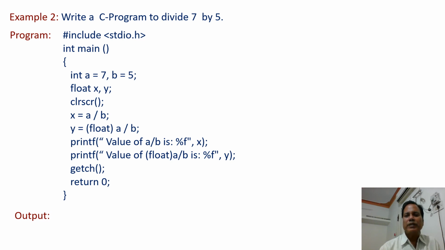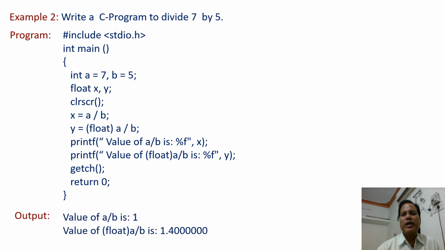When we run the program we will see that the value of x displayed is only 1, whereas the value of y is the correct value, which is going to be 1.400000. So using the typecasting feature we can get the correct result.